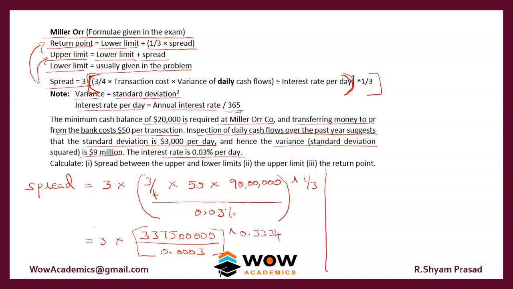Okay, and let's see how this works. When you solve the inside part of the formula, all these things put together, your answer comes to 10,400. So the total spread comes to 31,200. So that is about the spread.